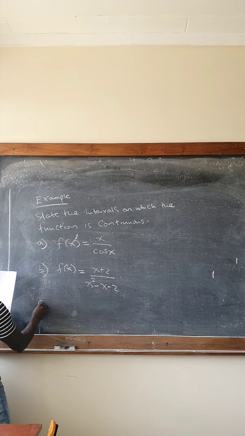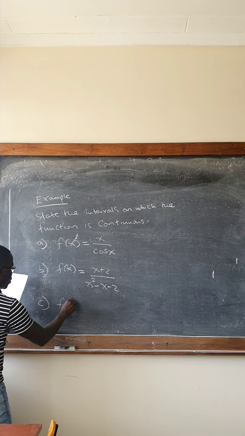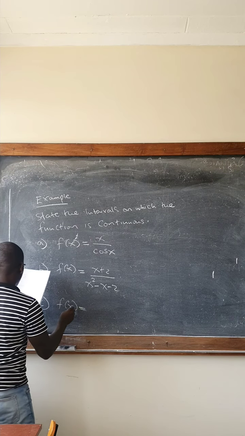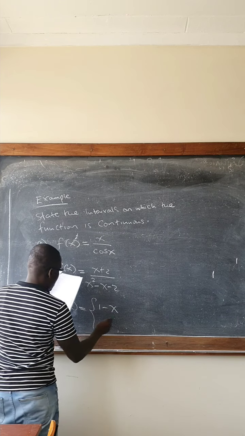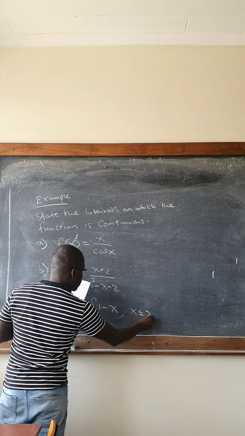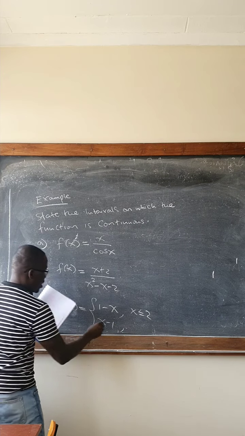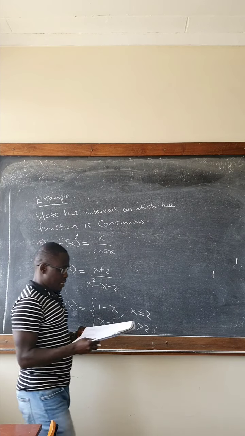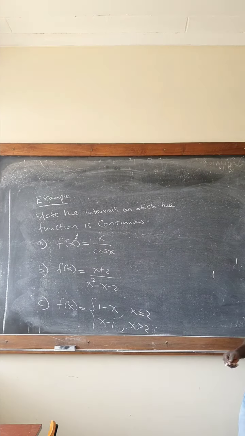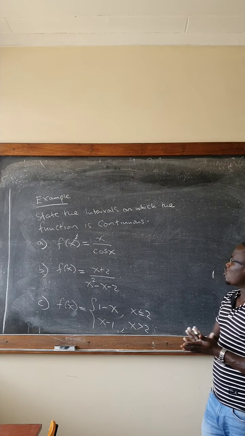And maybe c is f of x, which is equal to 1 minus x for x less than or equal to 2, and then x minus 1 for x greater than 2. Let us look at these examples, and we are to state the intervals on which the function is continuous.